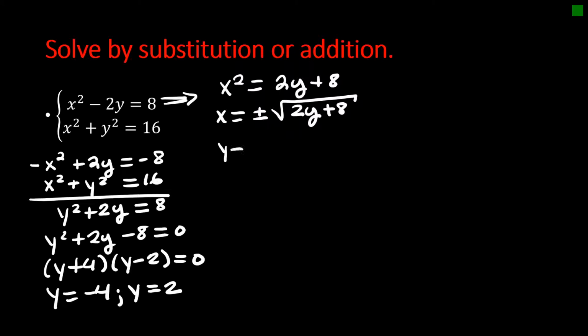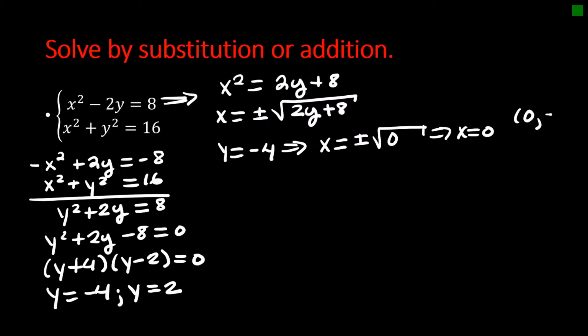So if y is negative 4, then I have x is plus or minus the square root of 2 times negative 4, which is negative 8, plus 8 is 0. So x is going to be 0. So here we have a point 0, comma, negative 4.